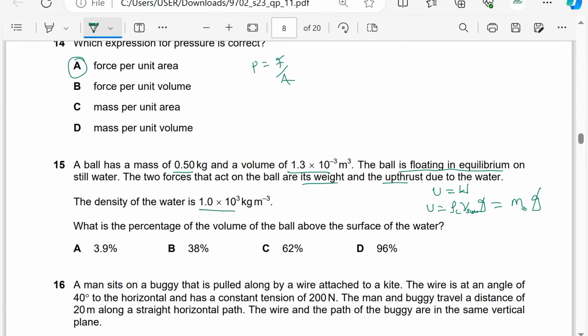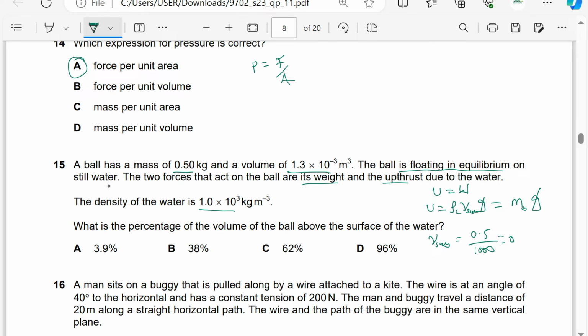So it means the volume which has been submerged is going to be the mass of the ball, which is 0.5, divided by the density of the liquid, which is the water, that is 1000. So this is the volume submerged.